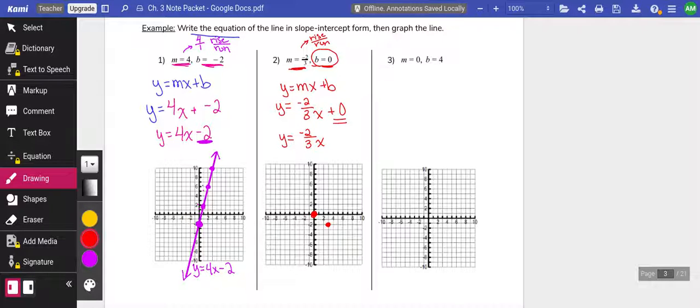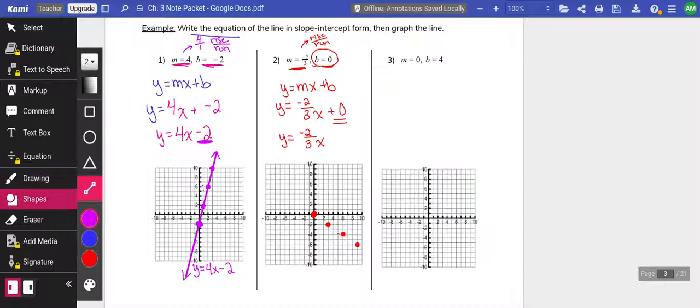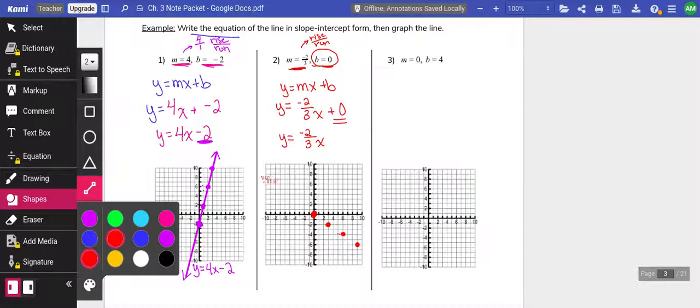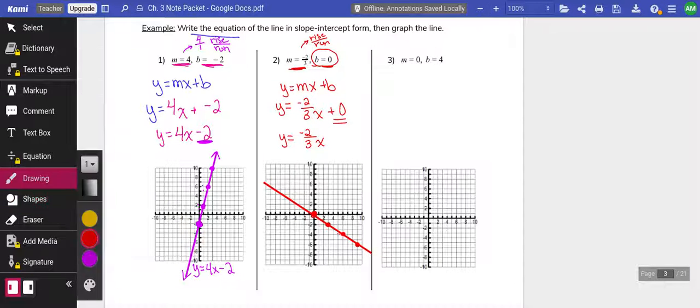So go down 2/3 to plot your next point, down 2/3 to plot the next point. And again, I can connect these with a straight line. If you were doing this on paper, you would use a ruler. And then lastly, label with our equation of our line.